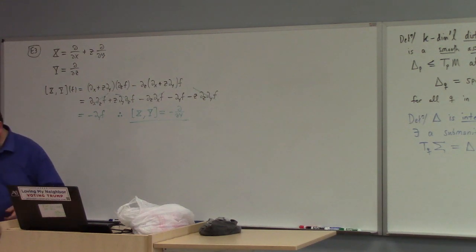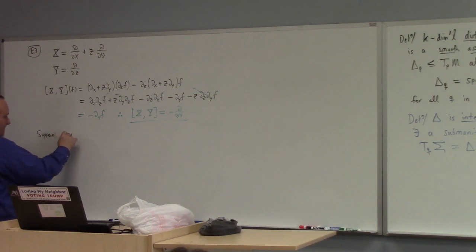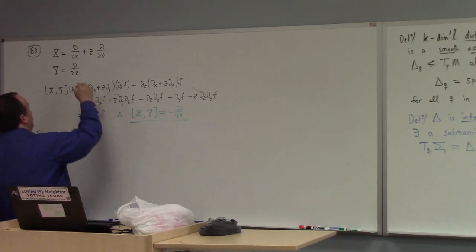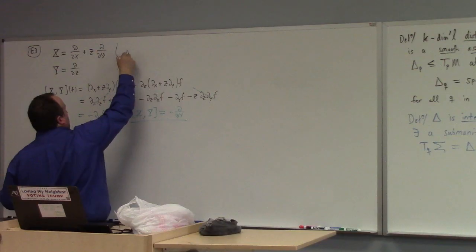So then the question is, suppose it is integrable, and let sigma be the integral surface through the origin. Suppose towards a contradiction that this collectively is delta.